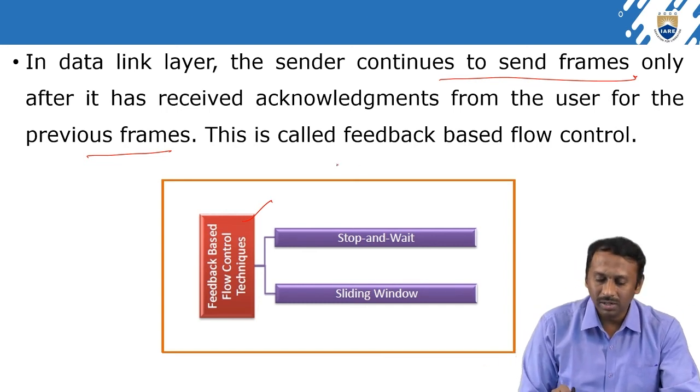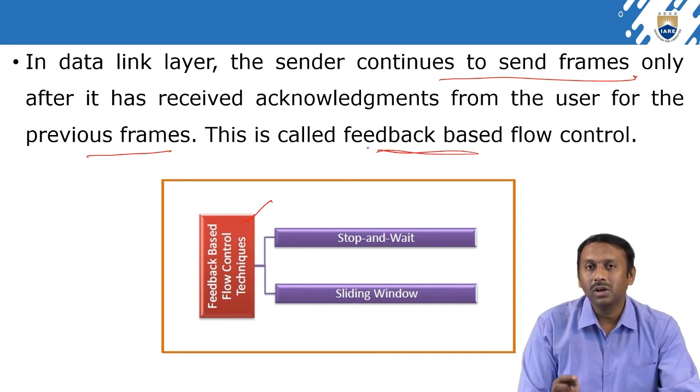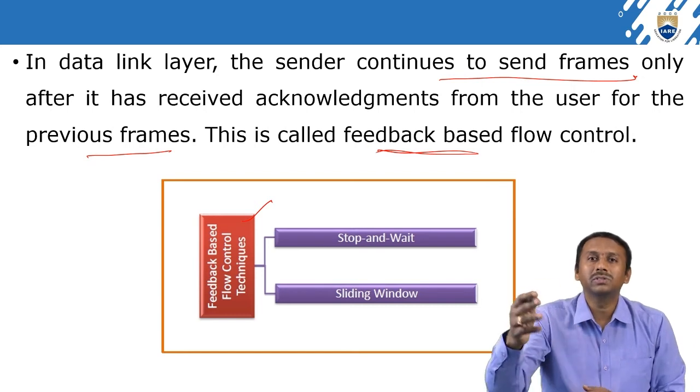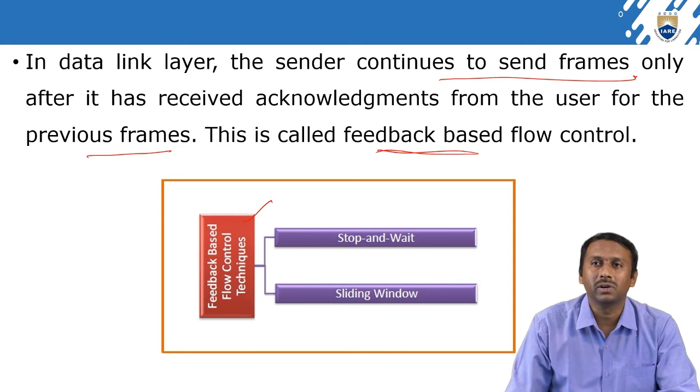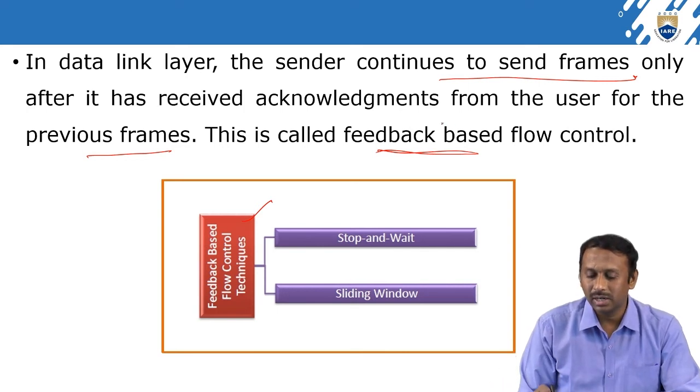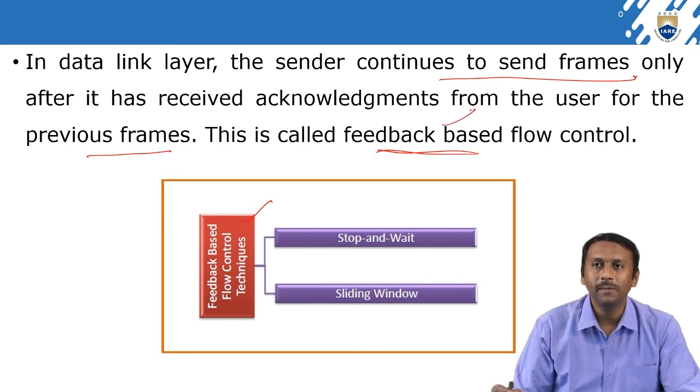The last frame is received, now we send the next frame. They are taking the feedback, whether successfully received or not. That is why we call it feedback based flow control.